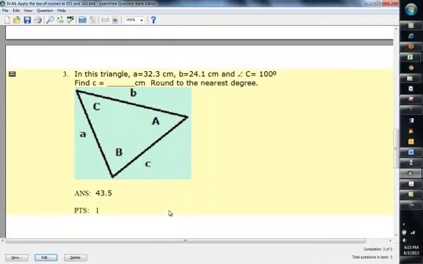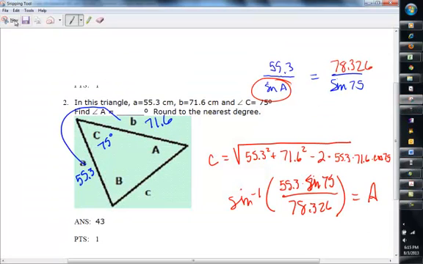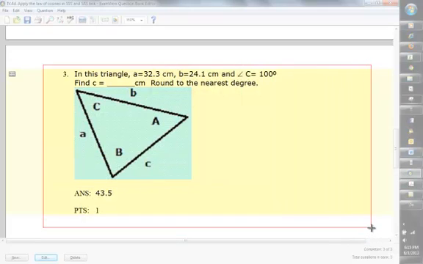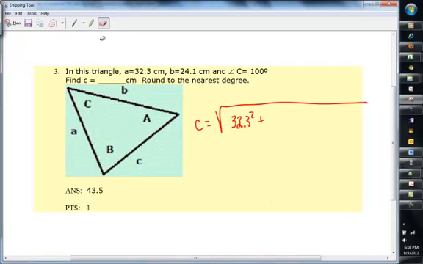We can also use it to find the third side, which is probably the easiest application of the law of cosines, because it's just the formula exactly the way it's written. C will equal square root A squared, 32.3 squared, plus B squared, which is 24.1 squared, minus 2 times A times B times cosine 100.